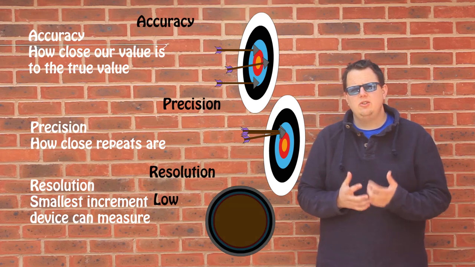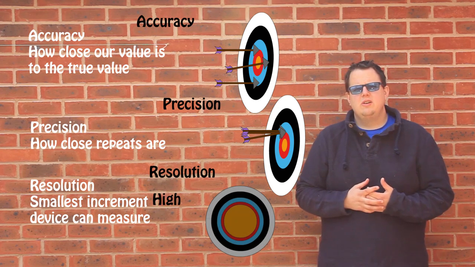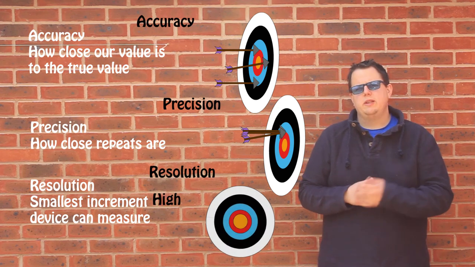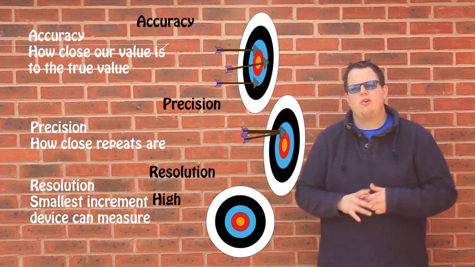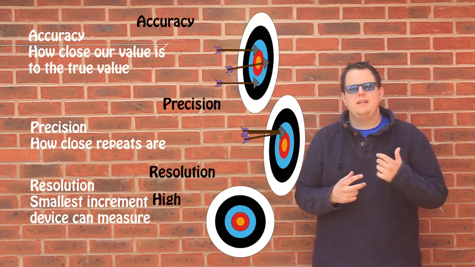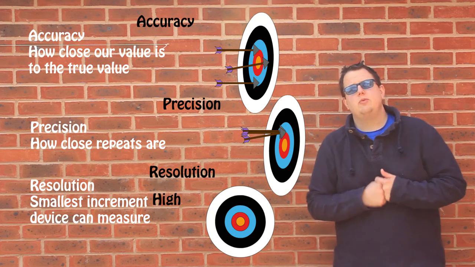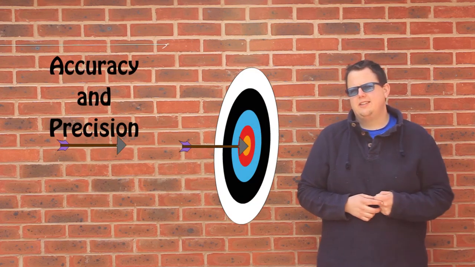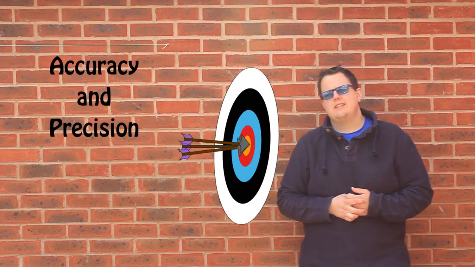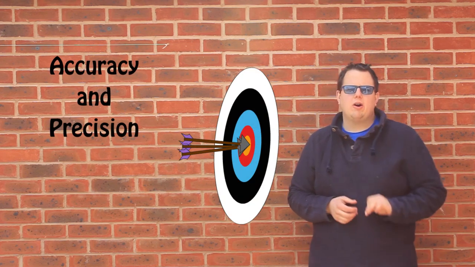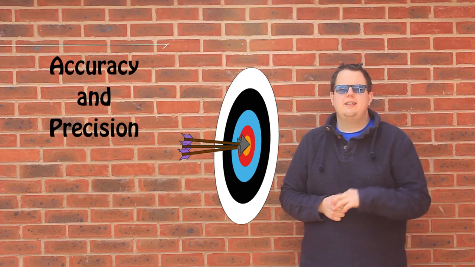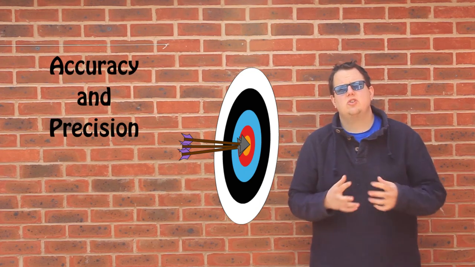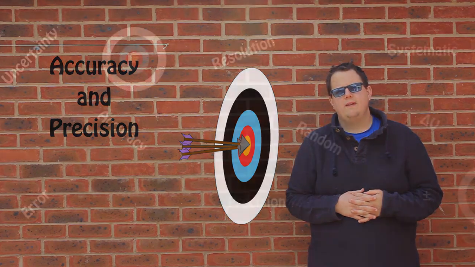Now a high resolution target would have thin lines between the areas and many areas across a target, meaning it is easier to decide which value each arrow scores. An accurate, precise archer shooting a target with high resolution would put all their arrows in the same part of the target, hitting a very fine spot, scoring the maximum points.